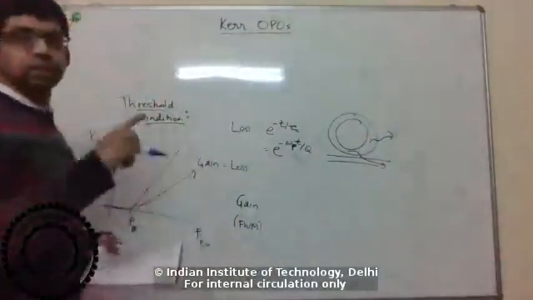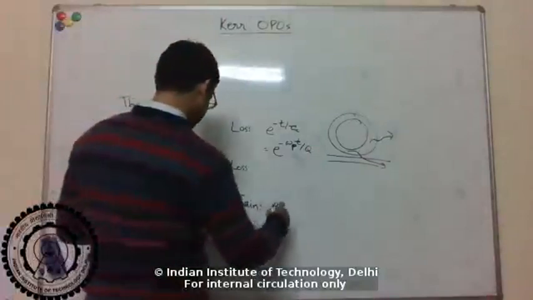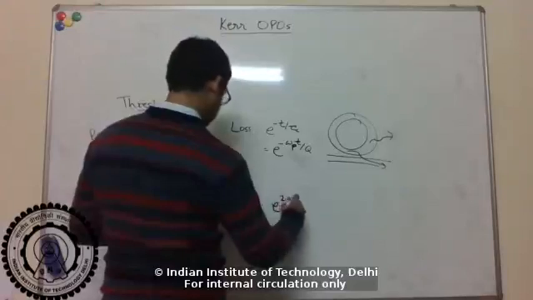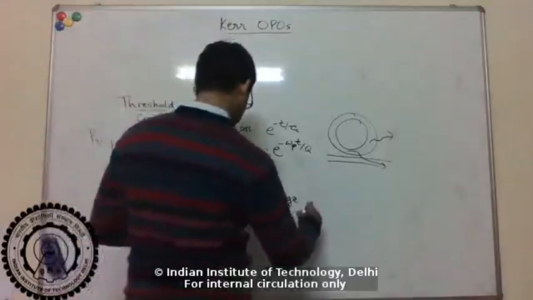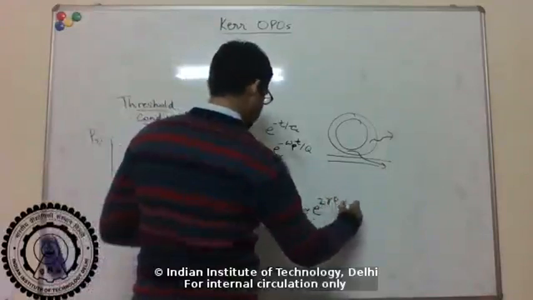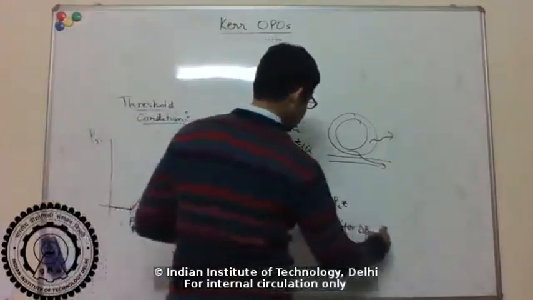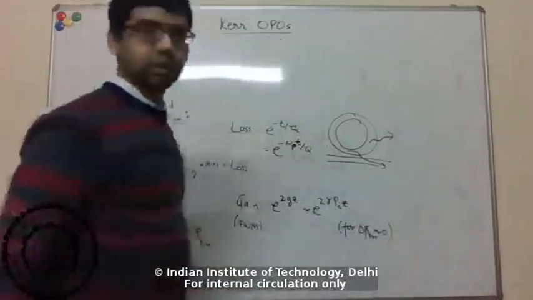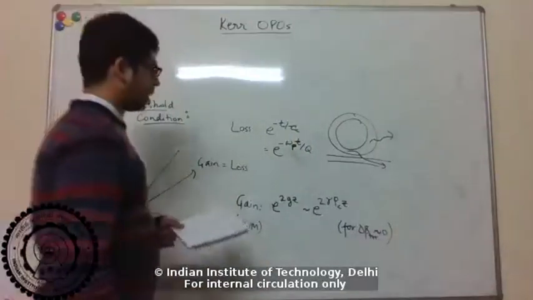Recall that for phase matched four-wave mixing, the gain went exponentially, where the small g was gamma P. So for perfectly phase matched four-wave mixing, the gain went exponentially with the pump power.